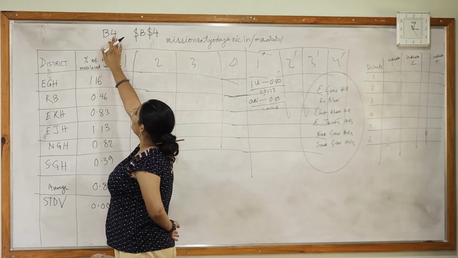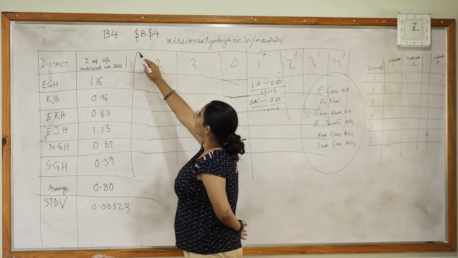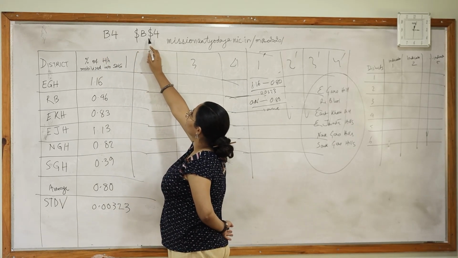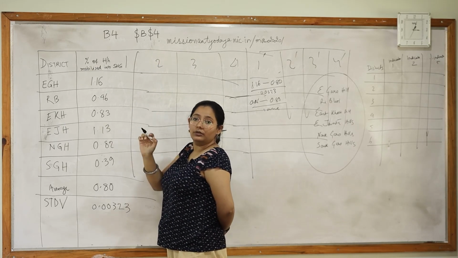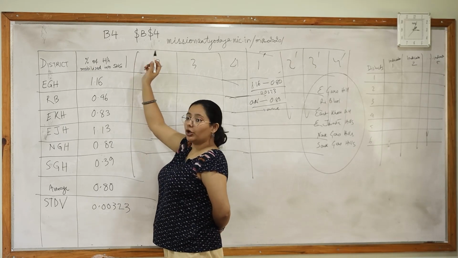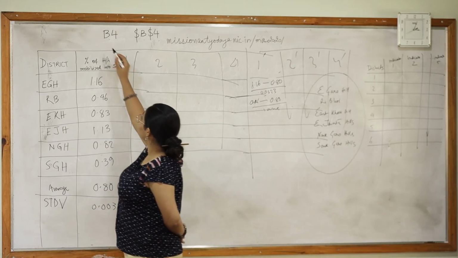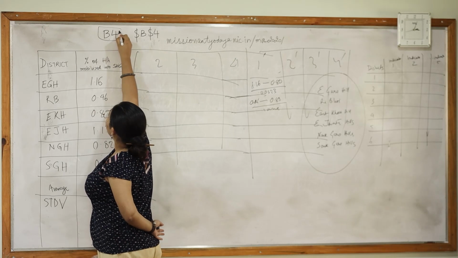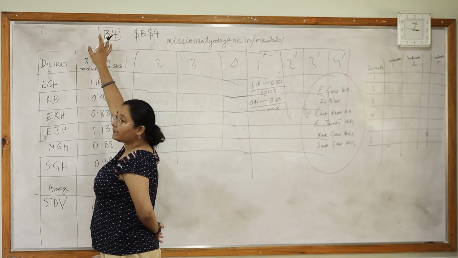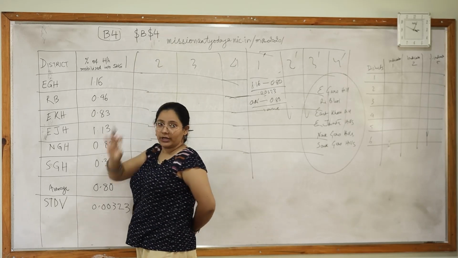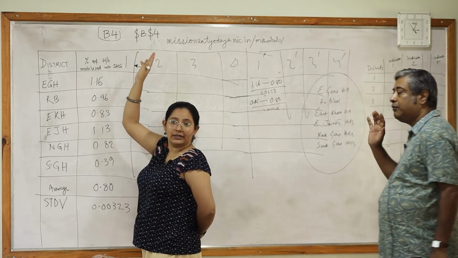I have to fix B4 with $ signs, so put $B$4. You can either type the dollars or simply select B4 and press the F4 key. You will get dollars automatically. If you are not able to do it, type the $ between the column and the number.